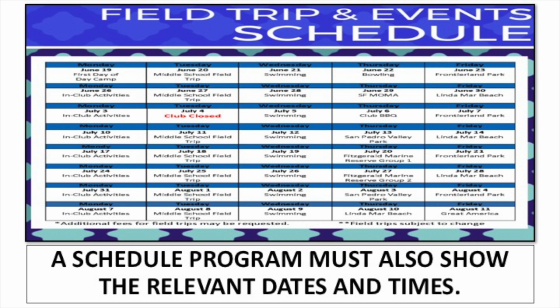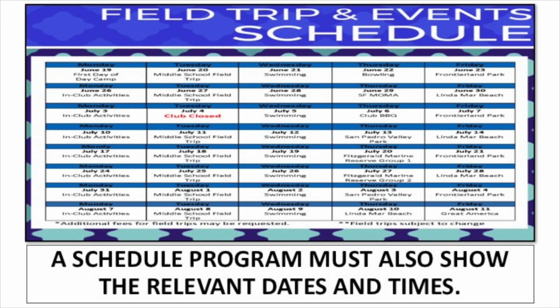A schedule program must also show the relevant dates and times. Yes. Because a program is usually over many days, it has to have the dates too. Whereas the timetable has the time, because it's on one day, the program has to have the time and dates.